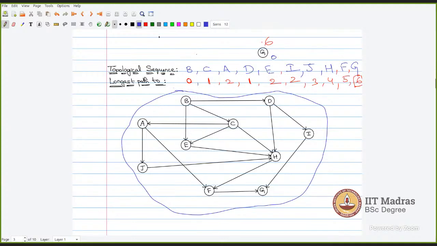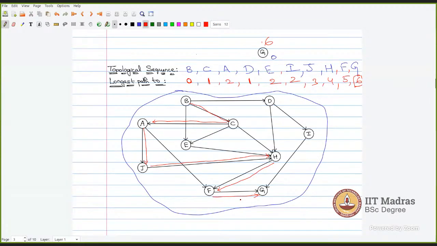So this is the longest path in this graph. You see, this is the longest path.